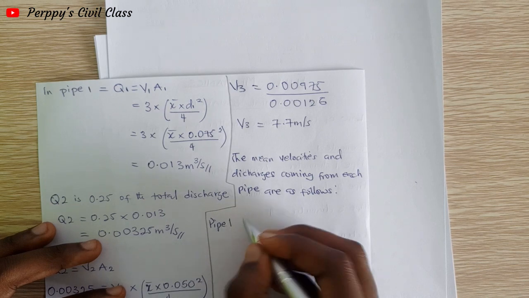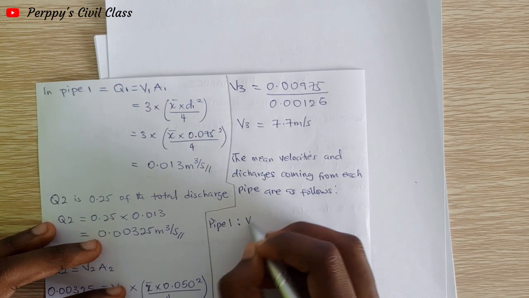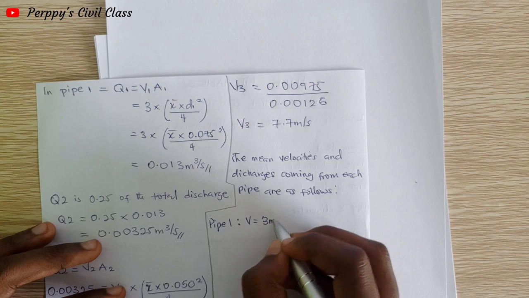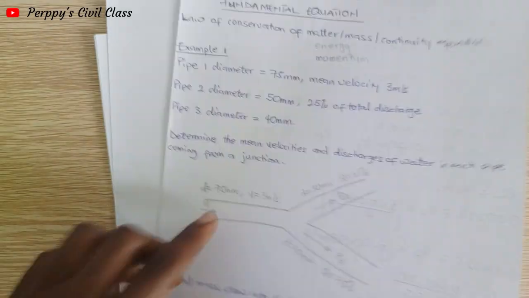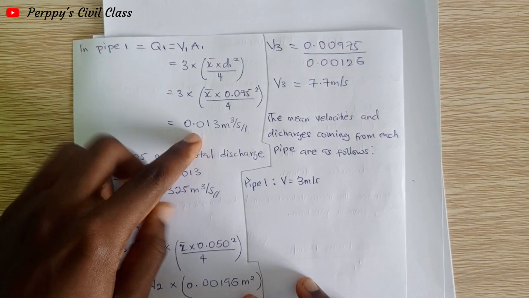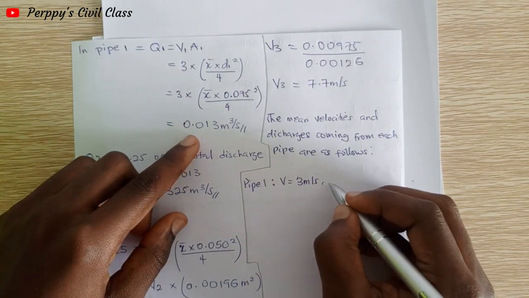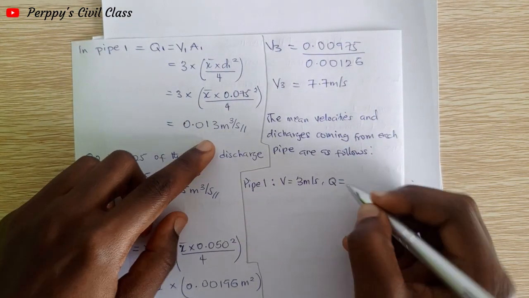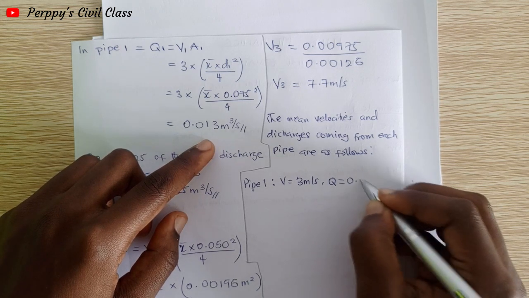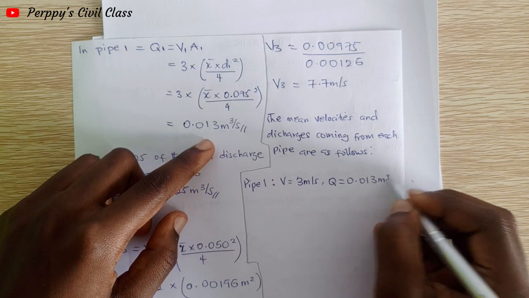Pipe 1: velocity equal to 3 meters per second, which was already given in the question, and discharge Q of 0.013 meter cube per second.